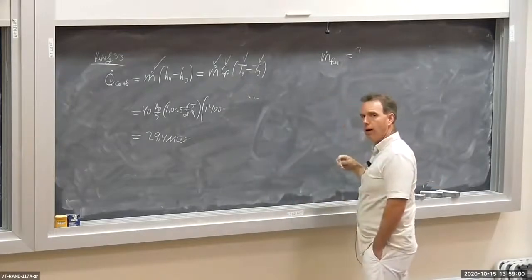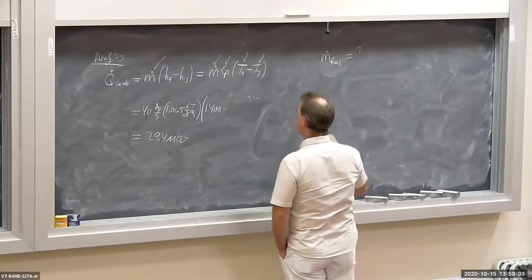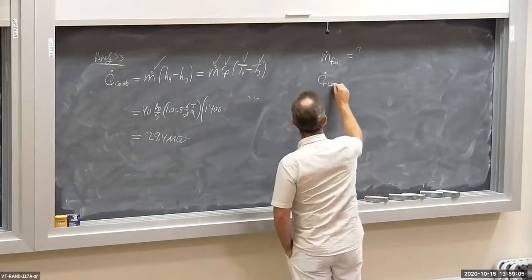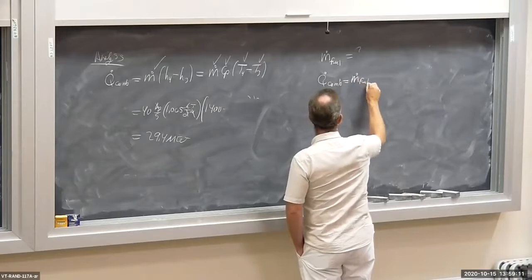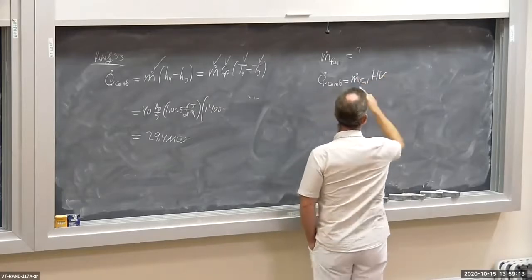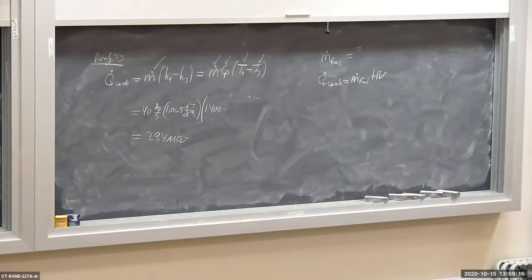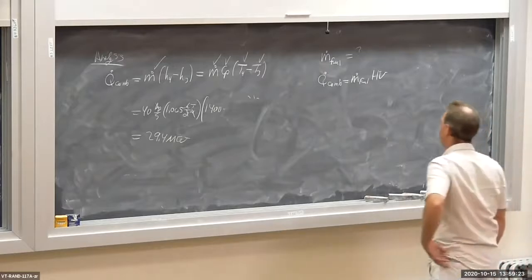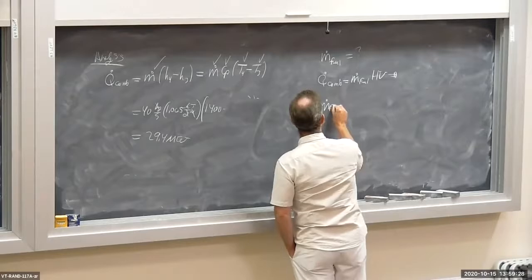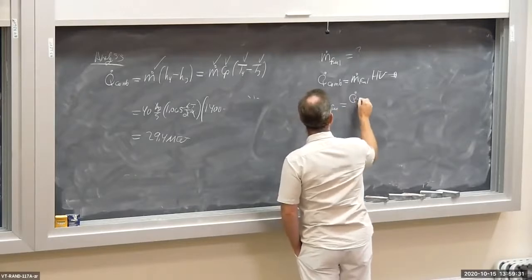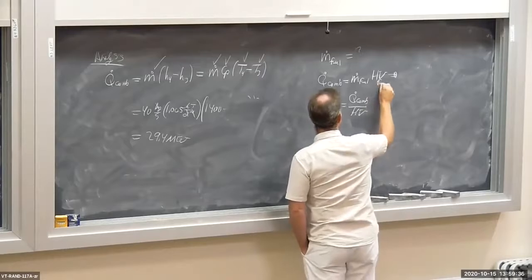First of all, I'm going to write out what the heat transfer rate is. Q dot combustion is equal to mass flow rate for the fuel times the heating value. Mass flow rate for the fuel is kilograms per second of fuel. The heating value is energy per kilogram released due to combustion. So that means M dot for the fuel is equal to Q dot from combustion divided by the heating value for the fuel.